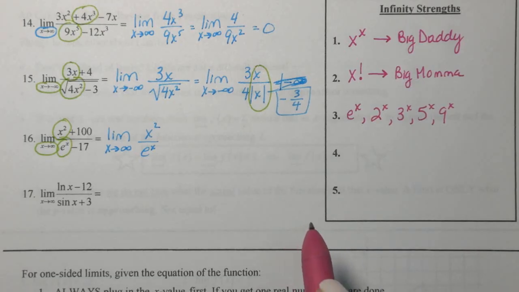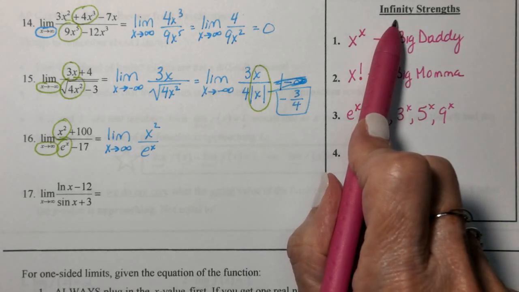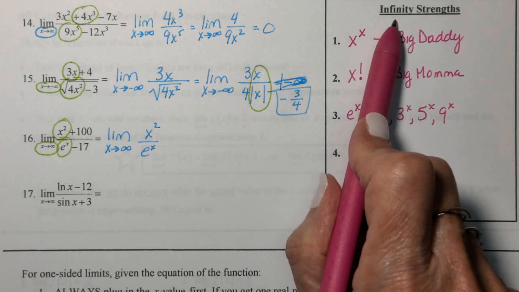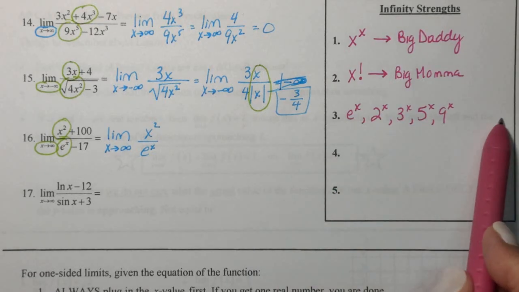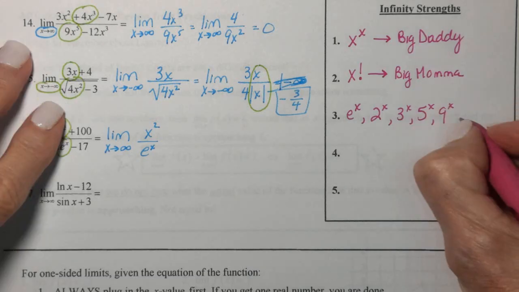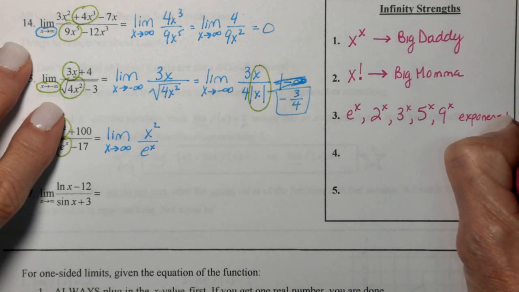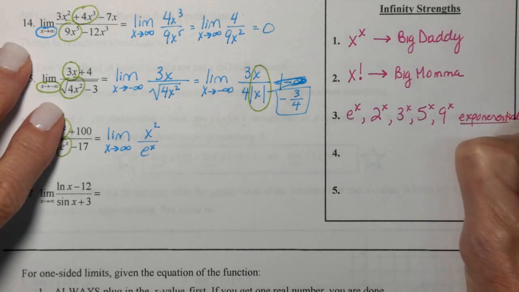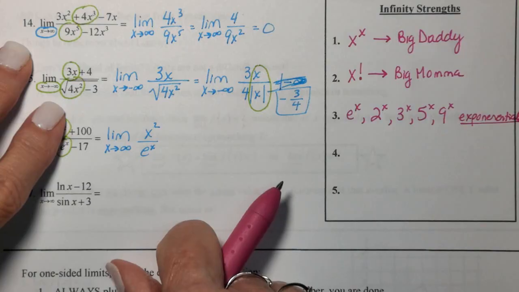Because if it was 1/2 to the x, it wouldn't even be going to infinity. It would be going to 0. I don't have a cutesy name to help you remember that. If you want to make one up, that's fine. I call these the exponentials. It's not a cutesy name, it's a mathematical name.